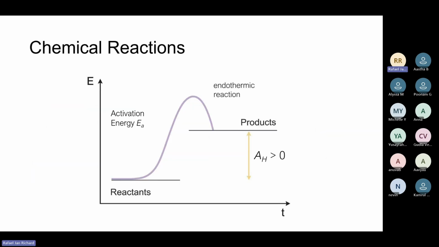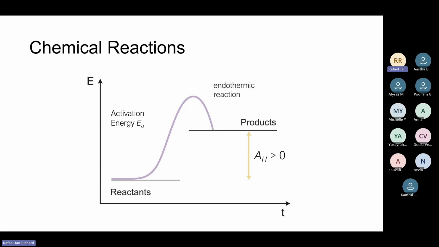Here is a diagram of how a chemical reaction usually works. You have the reactants and the products, and in between there's a change in the amount of energy of these molecules. For example, in this reaction, the reactants have a much lower amount of energy inside them than the products.